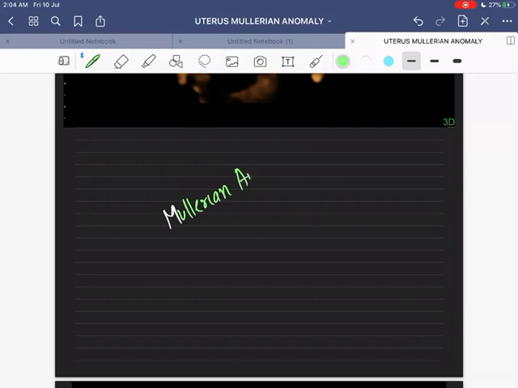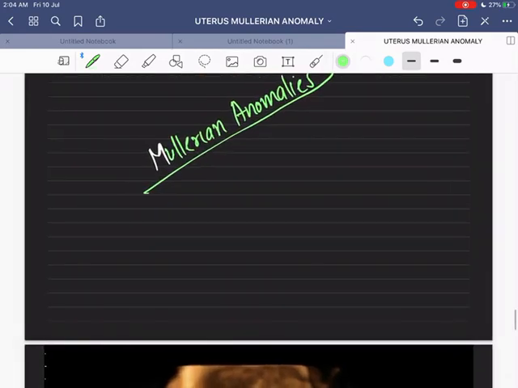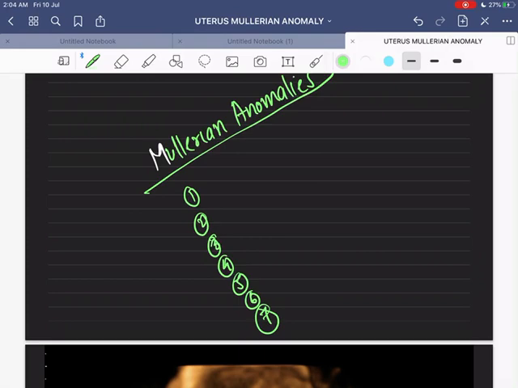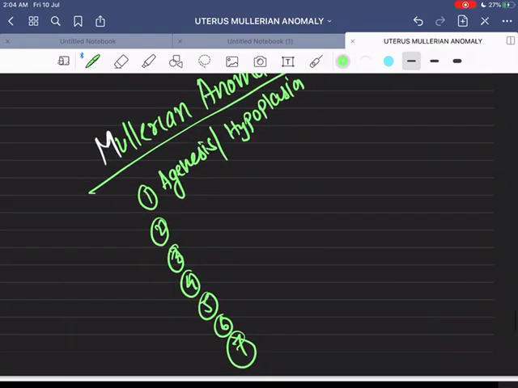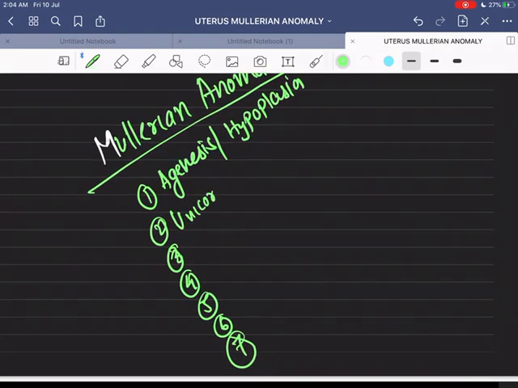Mullerian anomalies are a broad spectrum, in which usually these types of pattern come. One is uterine agenesis or hypoplasia. Second is unicornuate uterus. Third is didelphys.